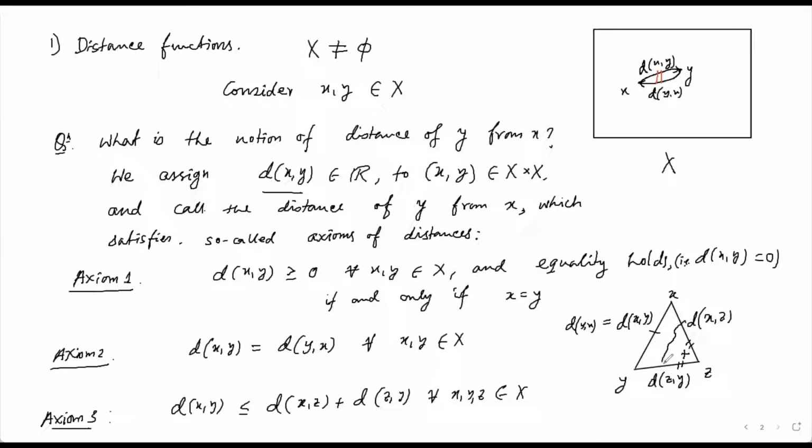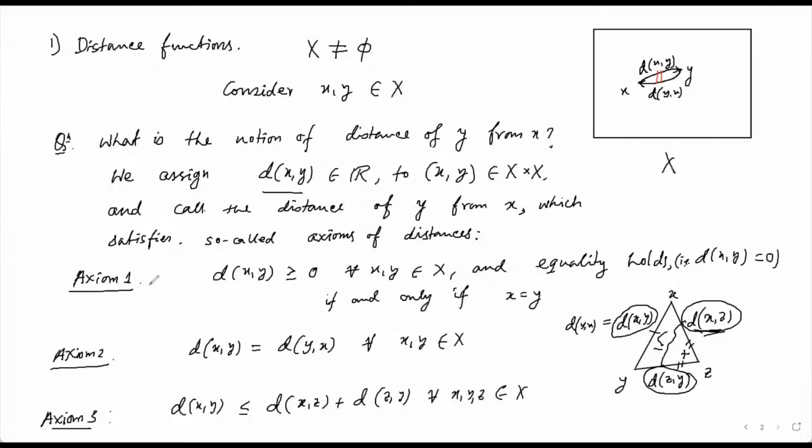So d(x, y) is less than or equal to d(x, z) plus d(z, y), this distance plus this distance. So this is the so-called triangle inequality.